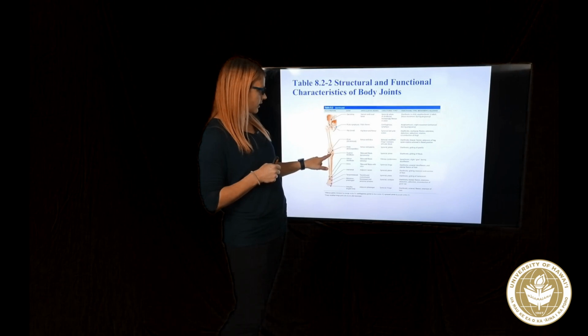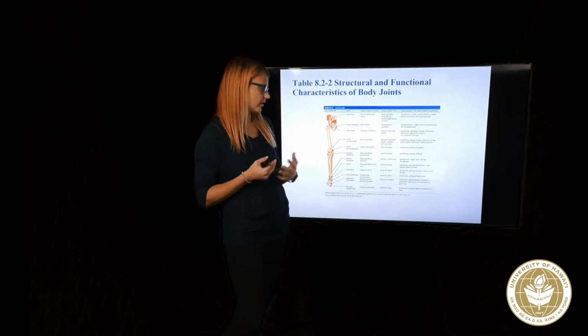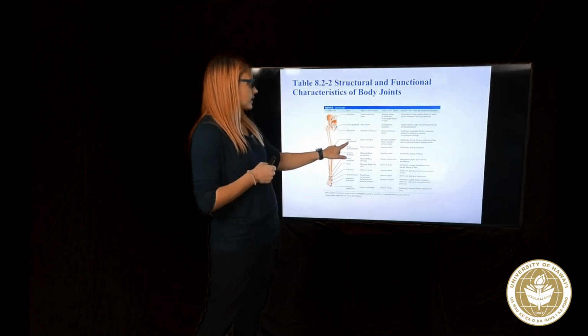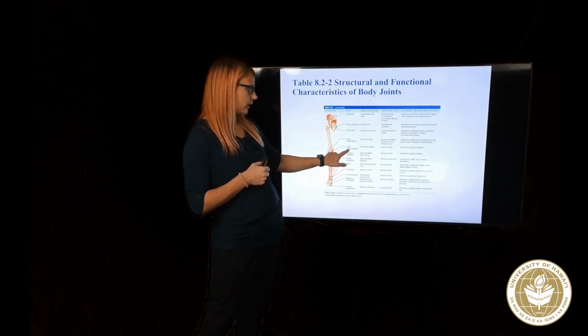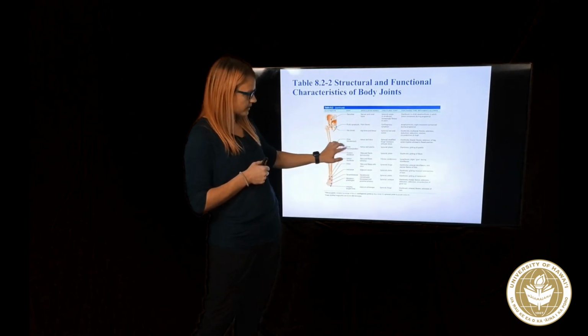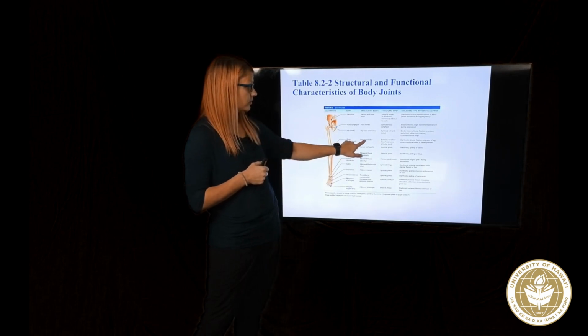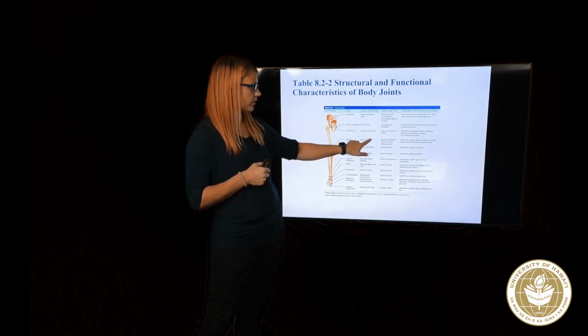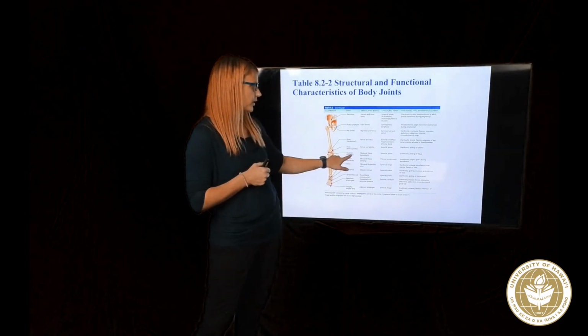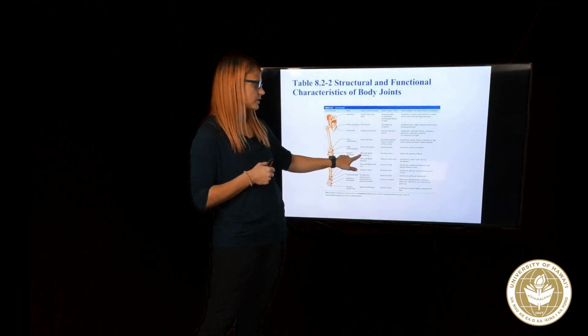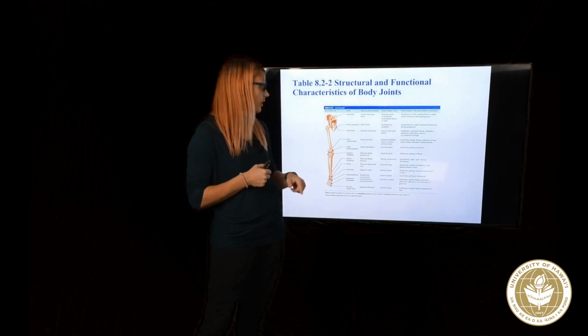We have our knee, which is synovial, right? So different portions of the knee, right? We have our tibiofemoral, our femoropatellar, and that's, like I said, just based off of what bones are coming together, right? Femur and tibia, femur and patella. Then we have our superior tibiofibula, so that's where the tibia and the fibula are coming together.